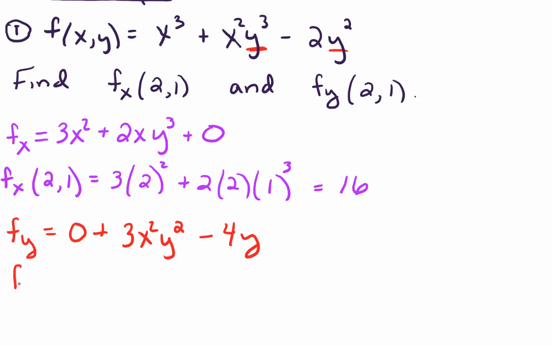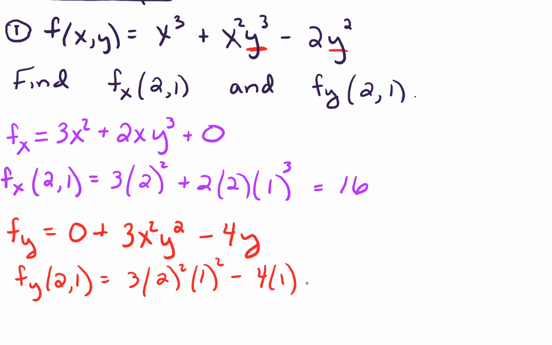Evaluating that at the point x equals 2, y equals 1, we're going to have 3 times 2 squared times 1 squared minus 4 times 1. And that equals 8.